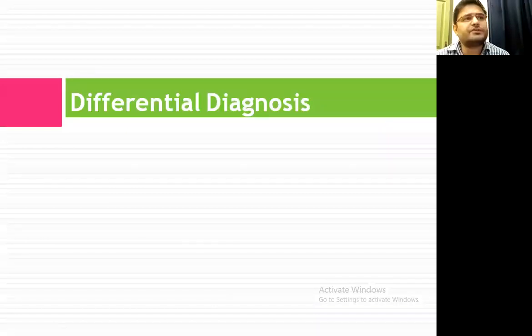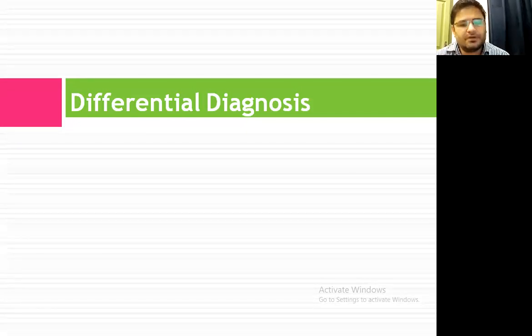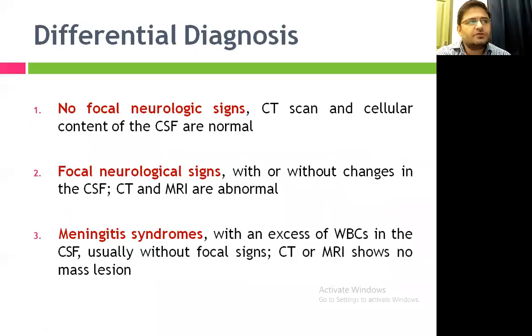How can we differentiate these patients in a systematic way to reach the diagnosis? We categorize them as those having focal neurological signs, those without focal neurological signs, and those with meningitic syndrome.